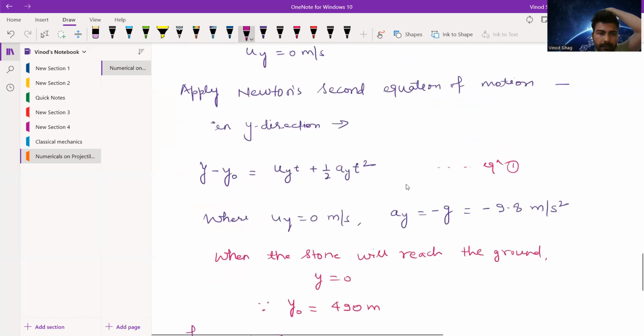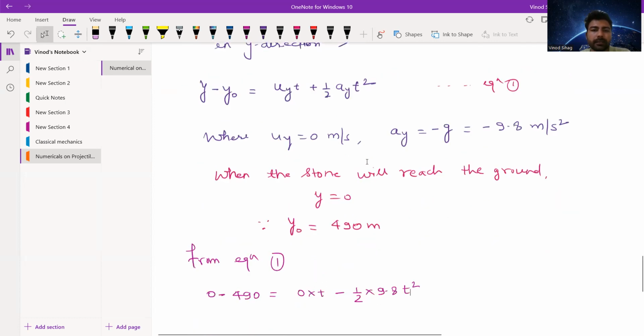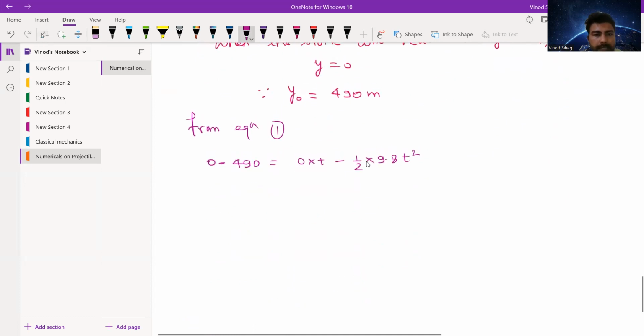Because you can see that the value of y is 0, the value of y naught is 490 meter, uy is 0, and 1 by 2 into ay is minus g, that is minus 9.8, and t square is t square. Now the equation becomes minus 490 equals 0 into t, which is 0, minus half 9.8 t square. Now this minus and minus cancel out and the 2 is multiplied with 490.